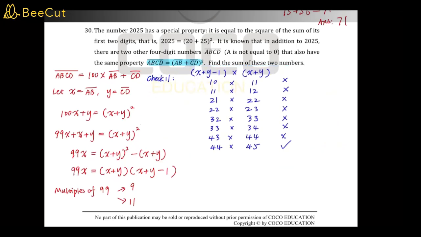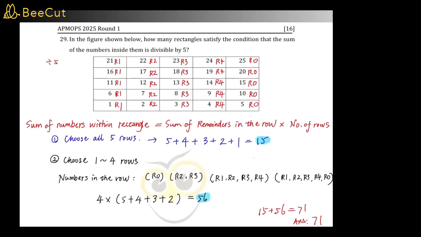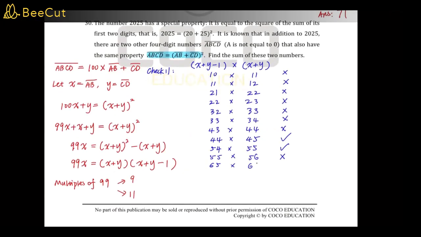Let me check the next group. Next multiple of 11 is 55. So 54 times 55, 55 times 56. 54 is divisible by 9, the other one cannot. And 65 and 66, 66 and 67, not divisible by 9. And 76 and 77, 77 and 78, not divisible by 9.